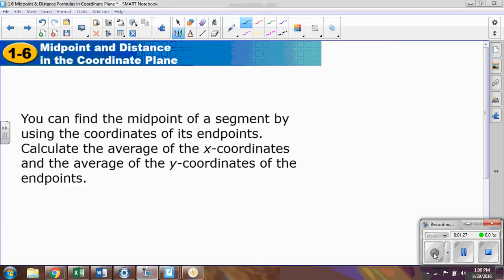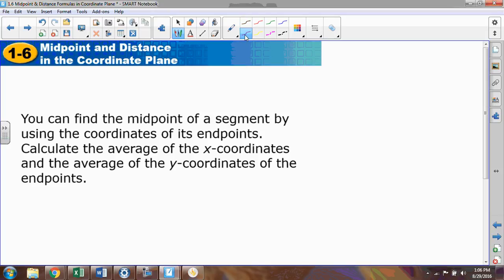As we observed in the warm-up, if you want to get something that's in the middle, for instance, we were looking at what's in the middle between -2 and 6, you can add them together and average it out. Averaging is a way of finding something that's in the middle.